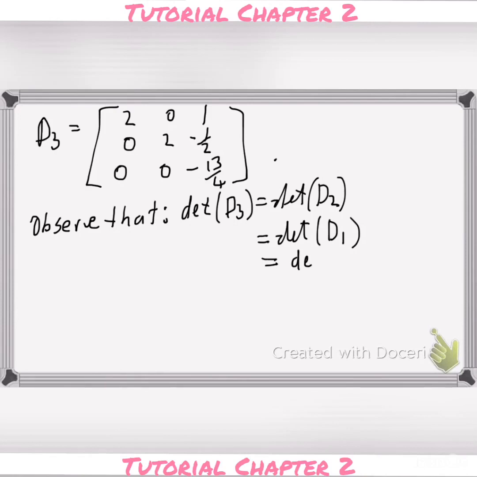And again, the determinant of D is going to be exactly the same as the determinant of D1, because we constructed D1 from D by taking a multiple of a row of D and adding it to another. So the determinant stays the same. So that is therefore going to be the determinant of D3, which we said is 2 times 2 times minus 13 over 4, which is minus 13.